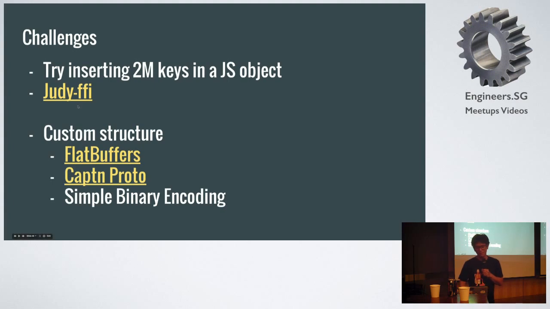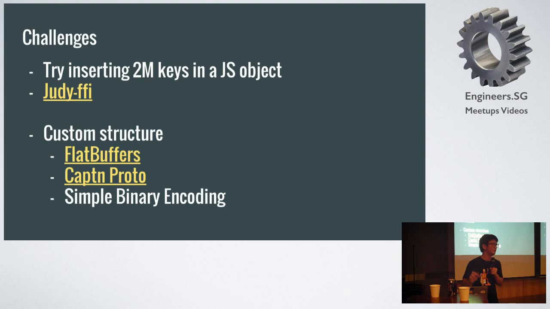One of the libraries which my colleague has written is Judy FFI. Judy is a data structure that is an efficient way of storing masses of data, like 2 million keys.